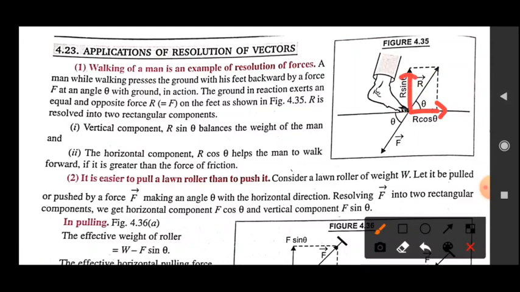So R can be resolved into two components: the vertical component is R sin theta, and the horizontal component is R cos theta.